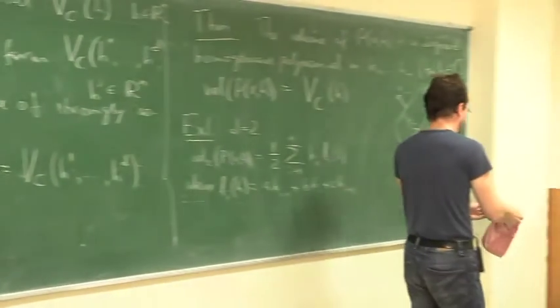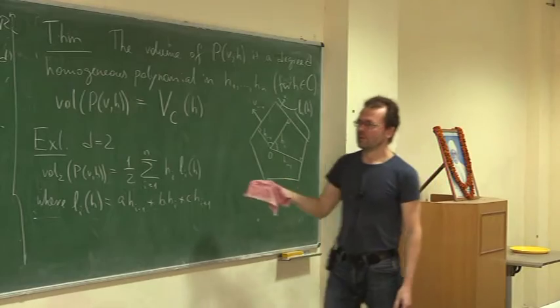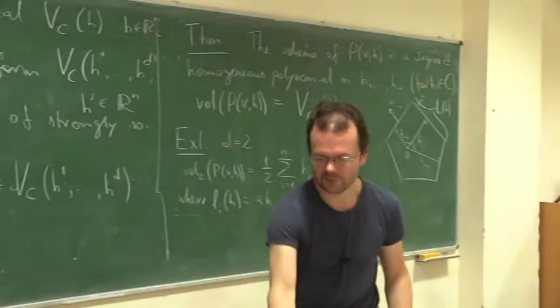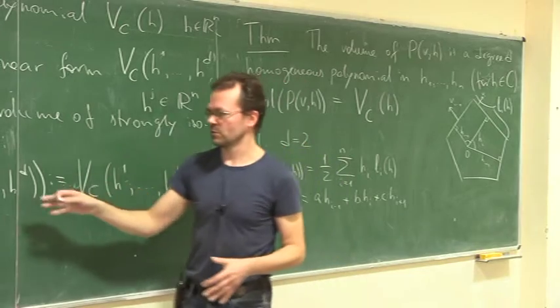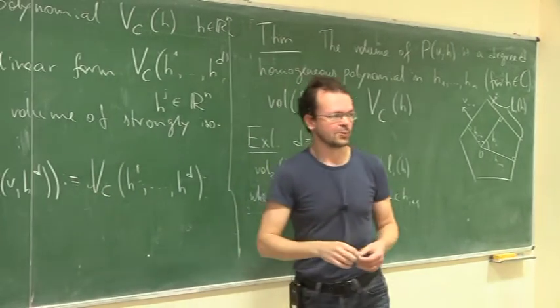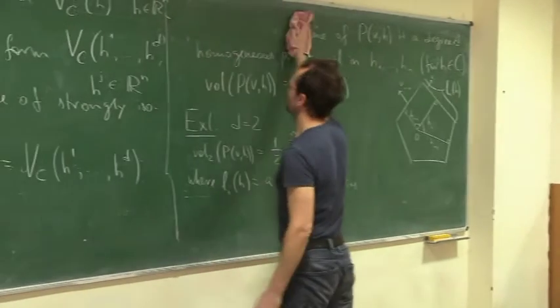So that's in fact an alternative way to define the mixed volumes. One does it for this class of polytopes, but then in fact any collection of convex bodies can be approximated by strongly isomorphic polytopes. And then one can define the mixed volume by continuity.